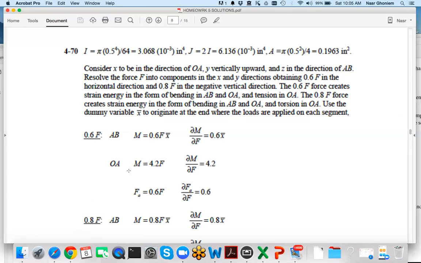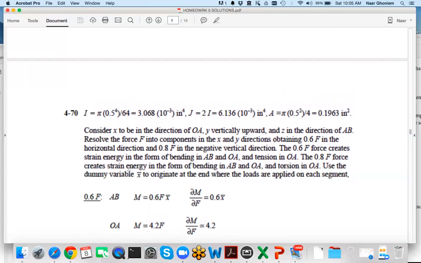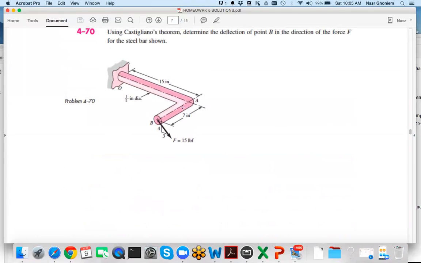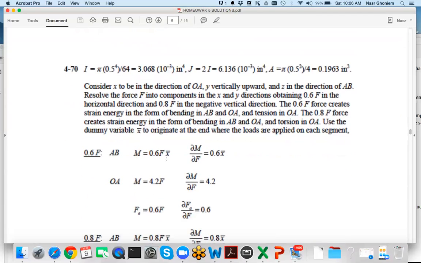Then the comment here is that if I go to the section AB, I can just compute the moment. I can choose a coordinate, chosen here as X bar.